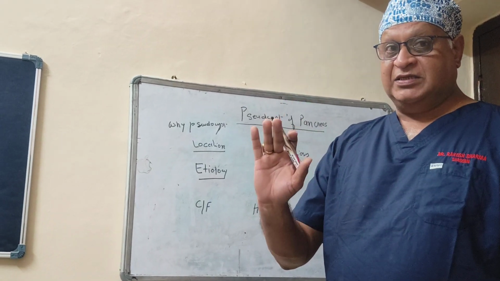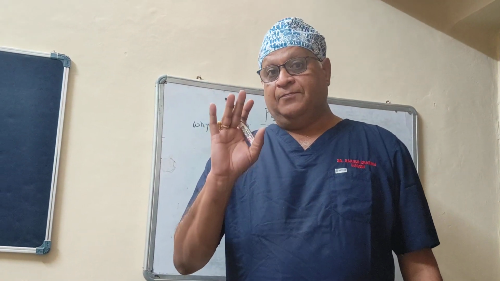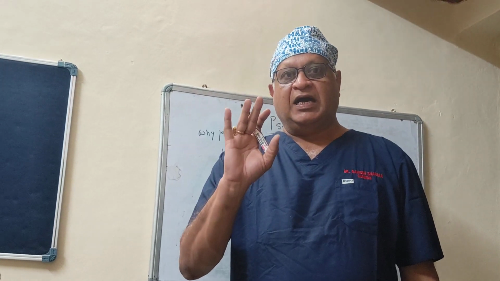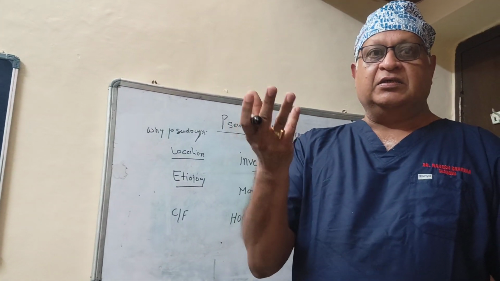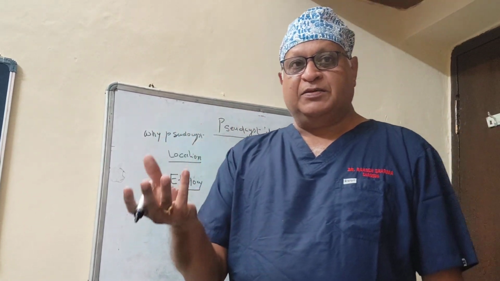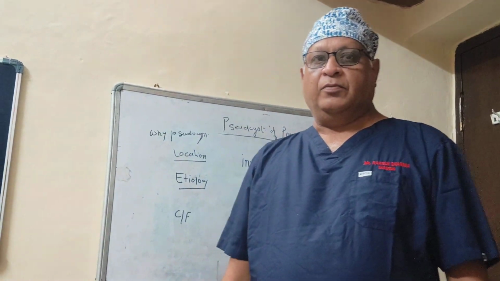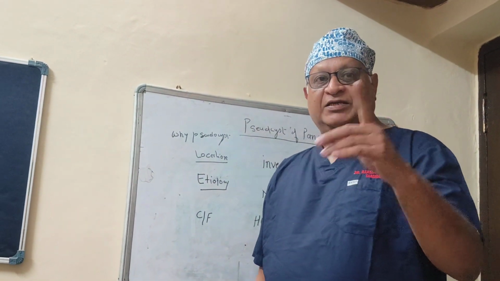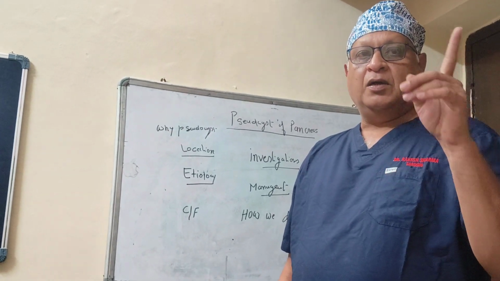We can feel the pulsation over the pseudocyst, but the pulsations of the pseudocyst are transmitted, because the cyst lies over the aorta and the pulsation of the aorta is transmitted through the cyst wall to the upper abdomen. So we can differentiate between aortic aneurysm and this.